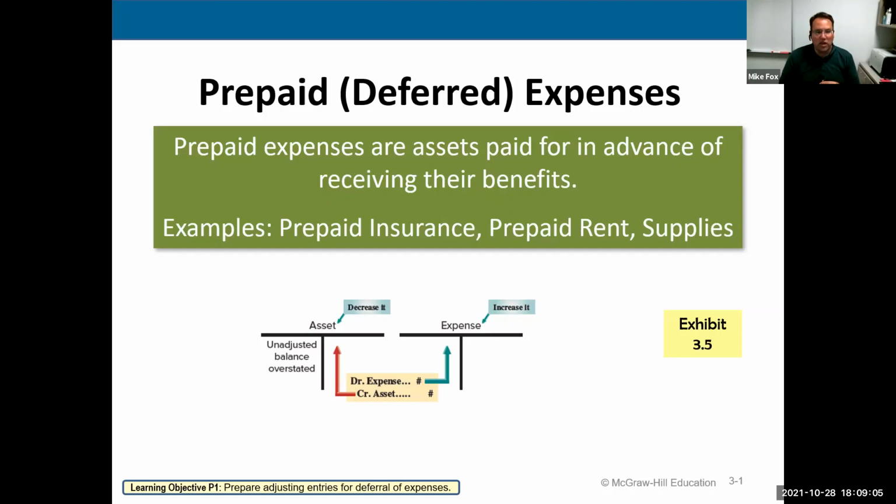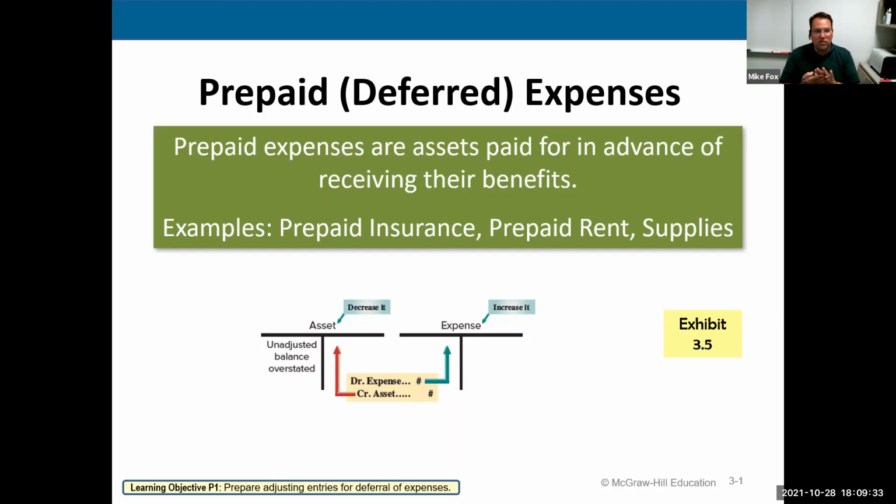Other times we earn revenue, but we haven't yet received the cash, and we're not going to get the cash until some future financial period. Likewise, there are times when we pay for an expense, but we haven't actually incurred the expense, so we prepay, maybe for an expense that's coming up later. Or there are other times when we incur the expense, but we haven't yet paid for it, and so we're going to have to pay for it in some future period.